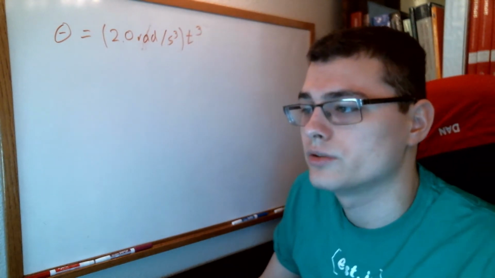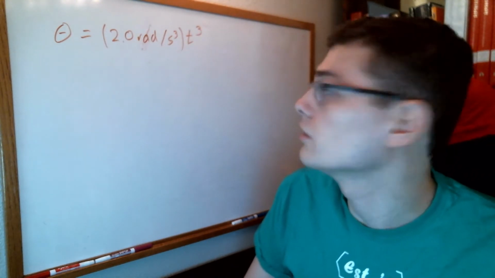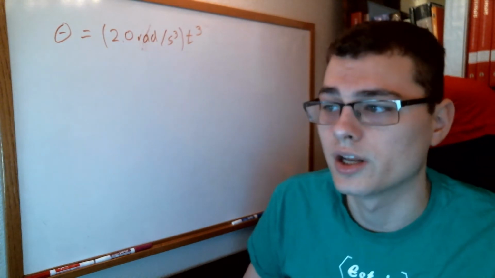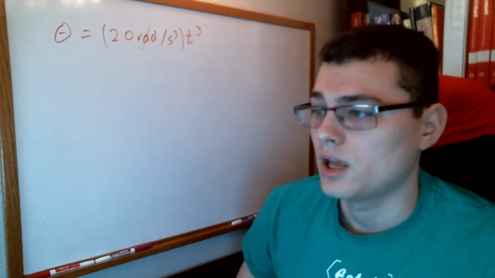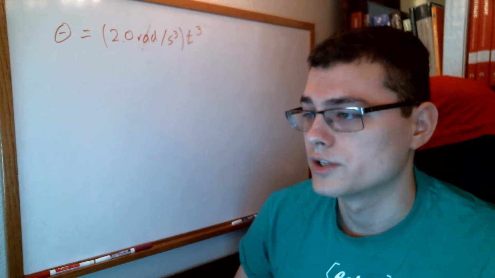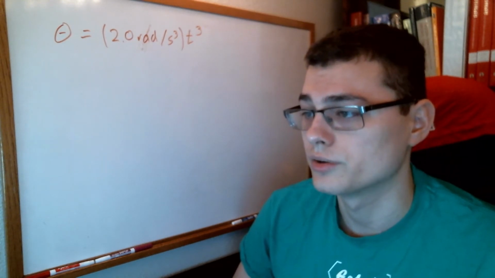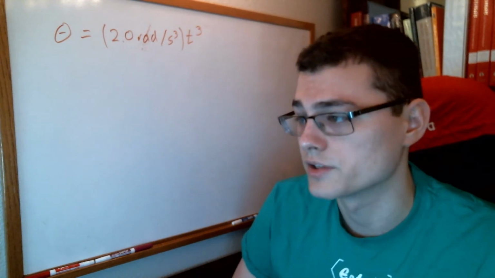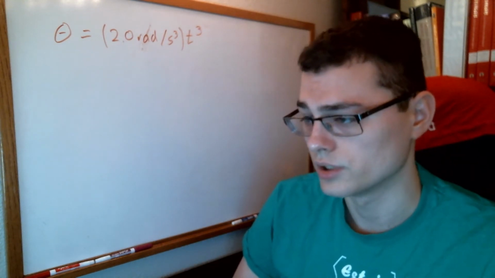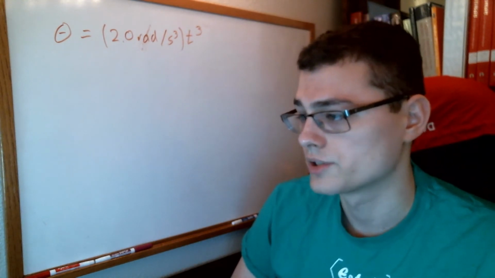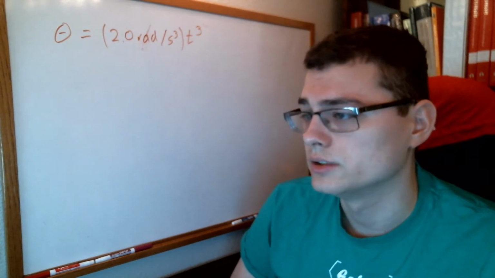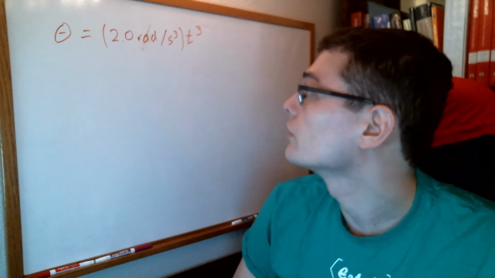They're giving us an expression for theta in this case, and we're going to solve the example, but we're going to show you how you can use derivative calculus to find different quantities from this one expression.